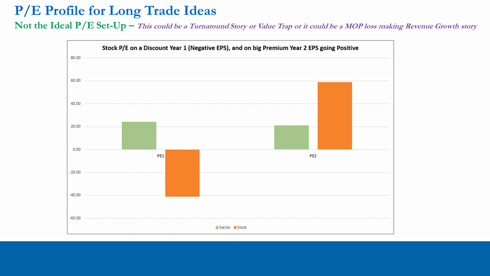So naturally, in period one, if we are experiencing a company when we're doing our quant processing that has negative EPS, it's going to exhibit in period one a negative PE ratio because it's the current stock price divided by forward-looking negative EPS. And in a turnaround story, it's always nice to see in period one that the PE is negative and on a big discount to the sector, obviously with its negative or loss-making operation.